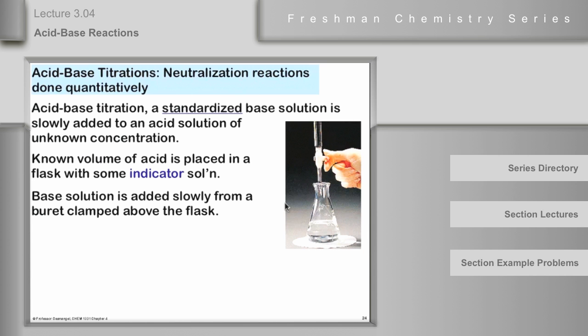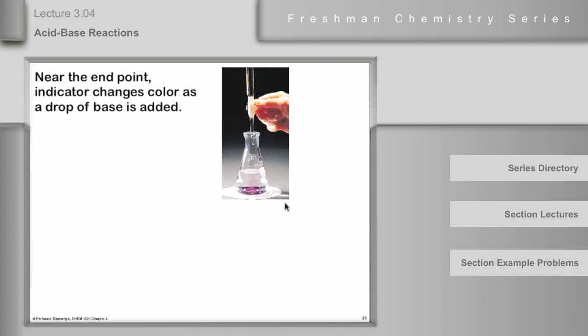You keep doing that and watch the solution. After you get a ways into this and you've added some of the base, you add a little bit more base, you see a color change which occurs and then disappears. In this case, it's the formation of a pink color. It stays there for a little bit, but then when you swirl it, it disappears. So that's your key to slow down.